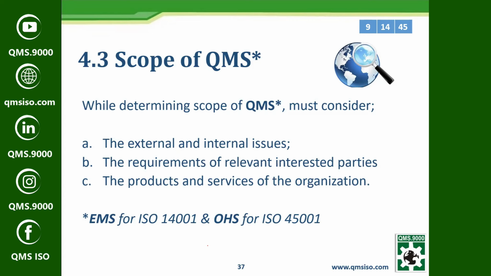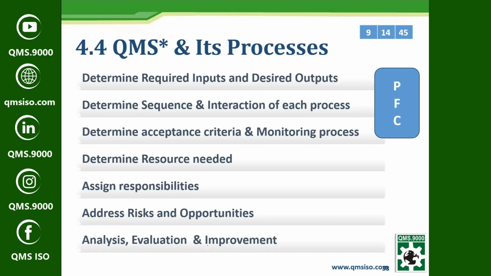If you have a big organization, which part of the organization is going to go for IMS or QMS or EMS? And then you identify the internal and external issues according to the requirements of relevant interested parties and products and services.